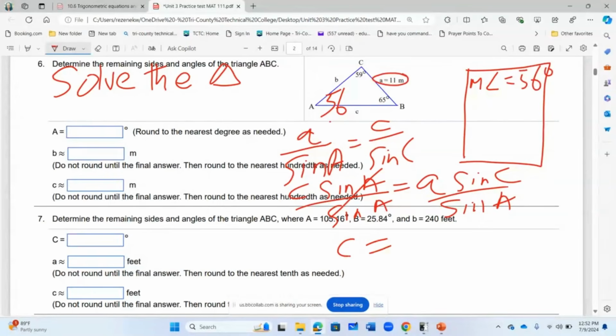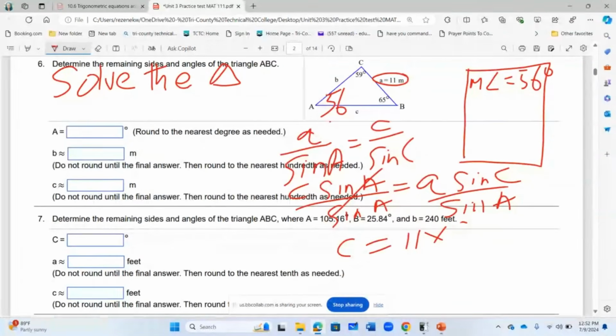So C, small letter C, I'm talking about the side C. So the side C is A. What is my A? 11 meters. So they told me my answer should be in meters. 11 multiplied by sine C. Sine C, actually, where is my C?